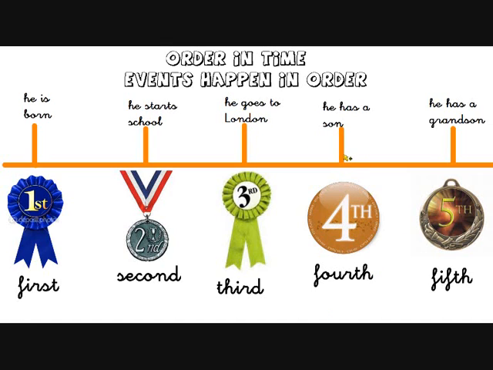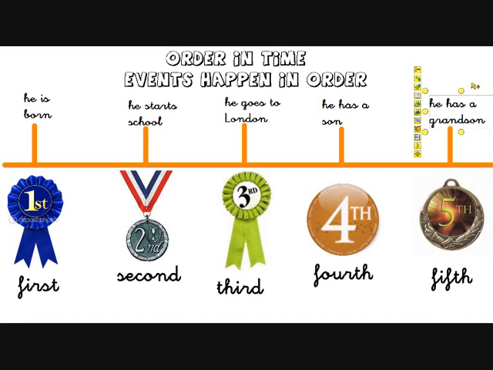We don't say the number 4 event is that he has a son. No, we say the fourth is he has a son. And finally, the last event in order is the fifth. The fifth thing that happened to him is he has a grandson.